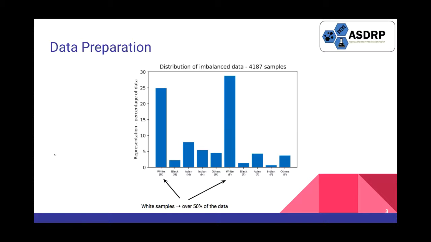And these two highest columns are the white faces, which were over 50% of the data set, while many of the other minority classes were around 5 to 10%, which is going to cause a lot of bias as the model gets more information on white faces than it would on other minorities.